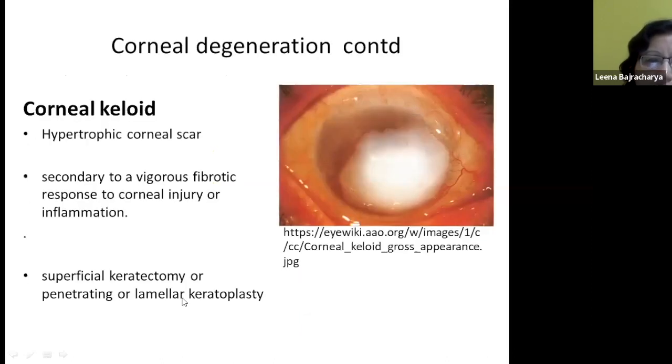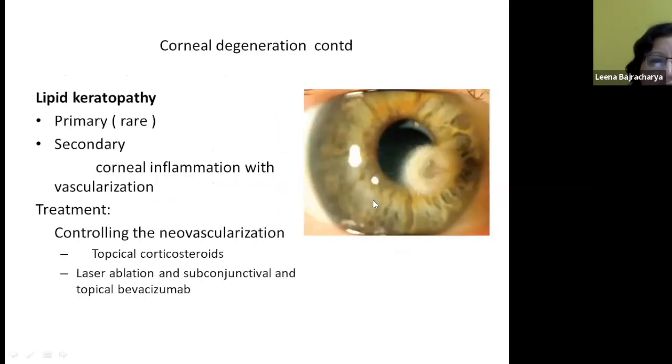Another condition is corneal keloid, which is rare, not common. It is a hypertrophic corneal scar following trauma or infection. Lipid keratopathy is a deposition of lipid which comes from corneal vascularization, and treatment depends upon the site of the lesion.